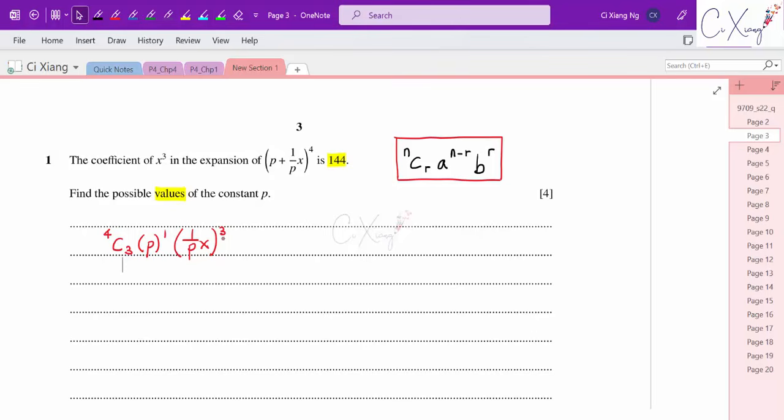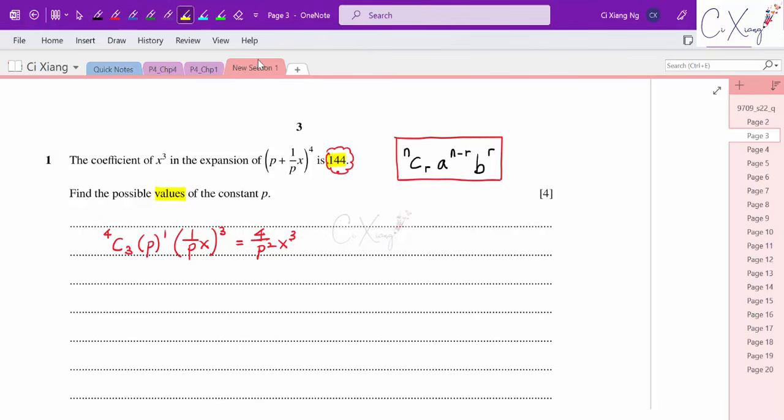After I write out the general formula for this binomial expansion, I try to simplify it. When I simplify, I will have 4 over p squared and then x power 3. For this question, they mentioned that the coefficient of x power 3 is 144.